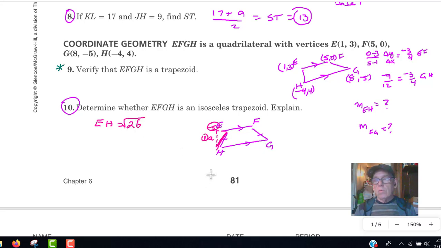Now, if FG is the same length, we know that we have parallel lines for one set of sides, and the other two sides are the same length. So that would make it an isosceles trapezoid.